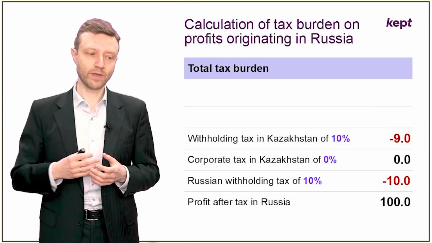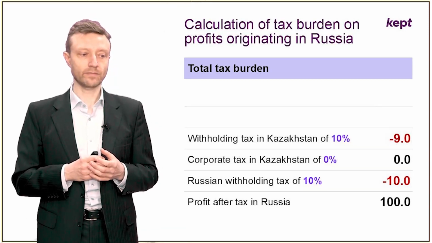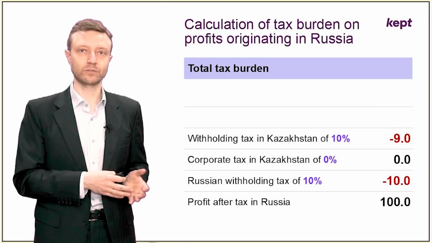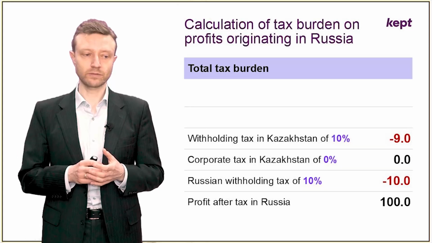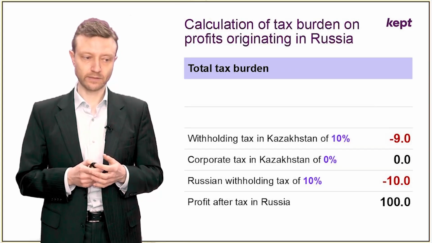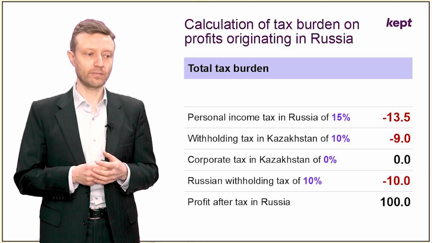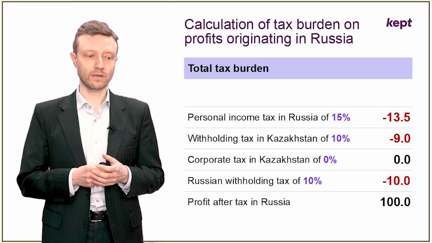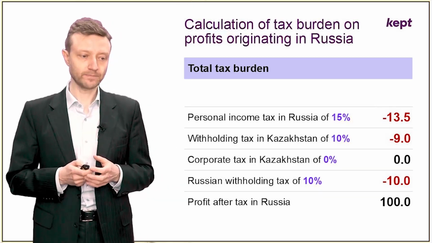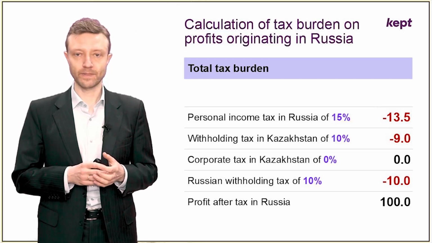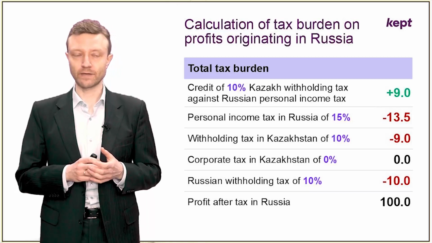Then withholding tax on further payments of dividends from Kazakhstan to the Russian shareholders is 10%. It applies to the remaining profit of 90, which means that there is 9 units withholding tax liability in Kazakhstan. Then personal income tax in Russia is 15%, again applied to the declared dividends of 90, which means that the actual tax liability is 13.5 units.